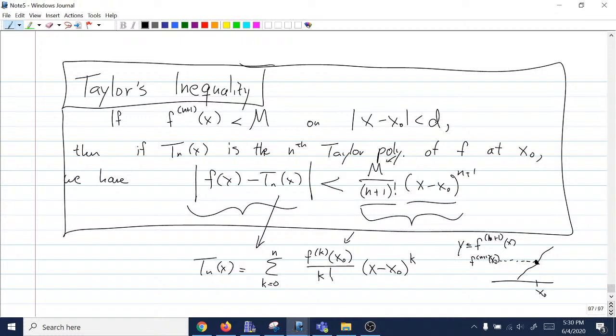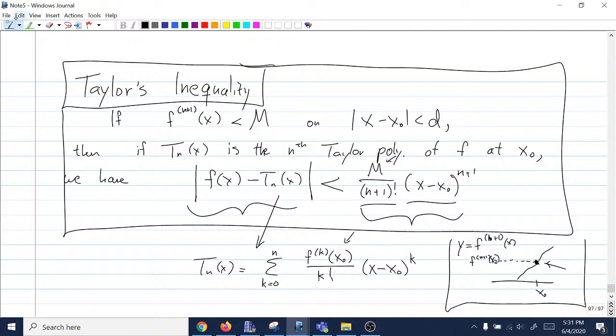So I'm trying to sketch a graph of the n plus 1th derivative. Probably it's a continuous function, like functions are usually continuous if you can take their derivatives. The Taylor polynomial uses this value, which is what would have gone on top of the fraction in the next term.